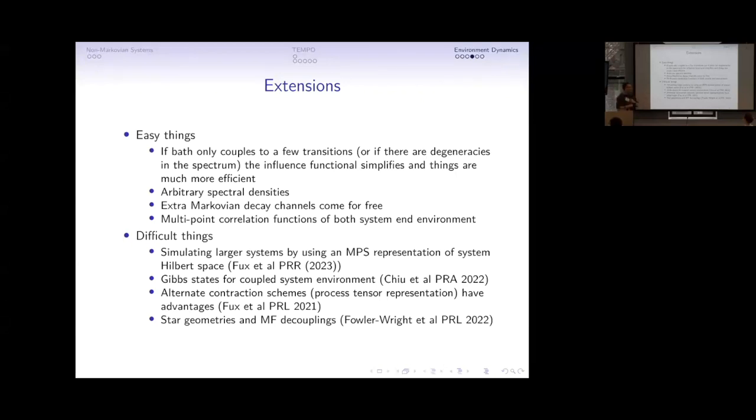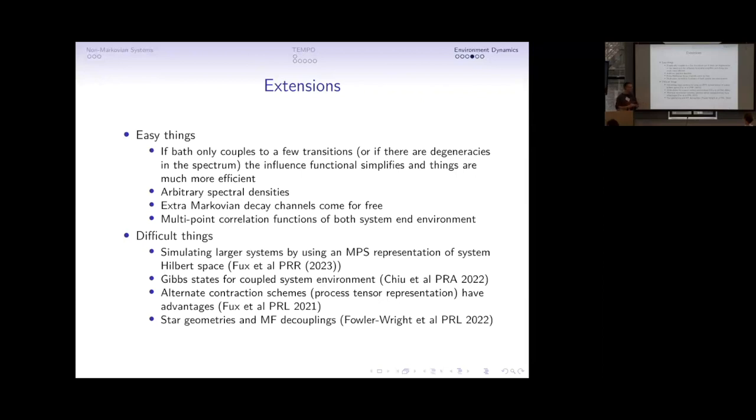You can calculate things like Gibbs states. So if you want to find equilibrium properties of these strongly coupled system-environment problems, there are really neat ways to do that, which don't scale as badly as finding the dynamics. There are also alternate contraction schemes based on process tensors, which I think some people will be talking about later on.